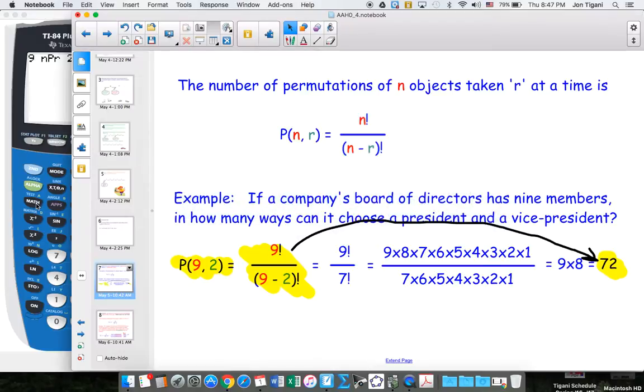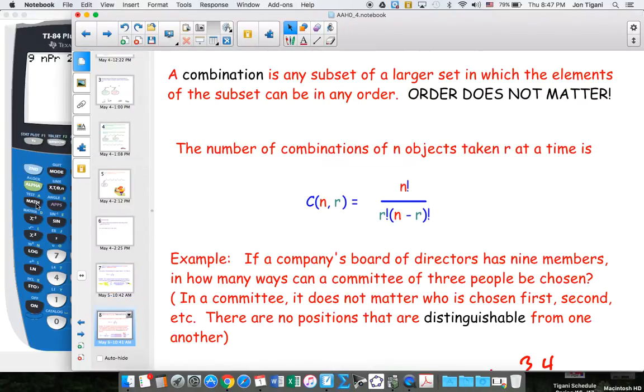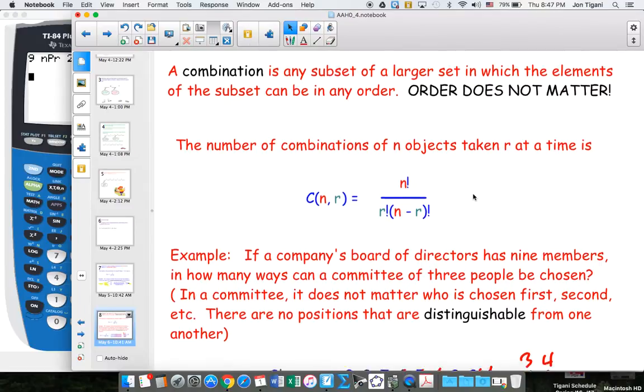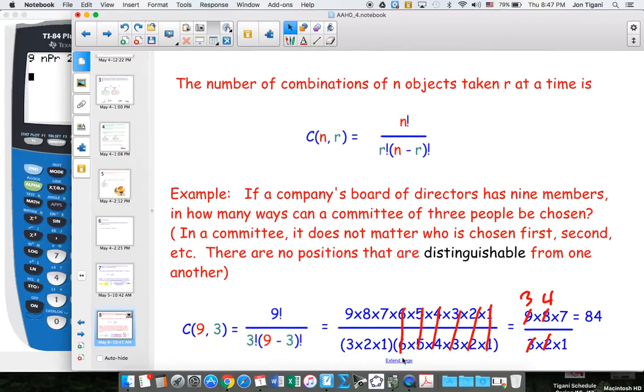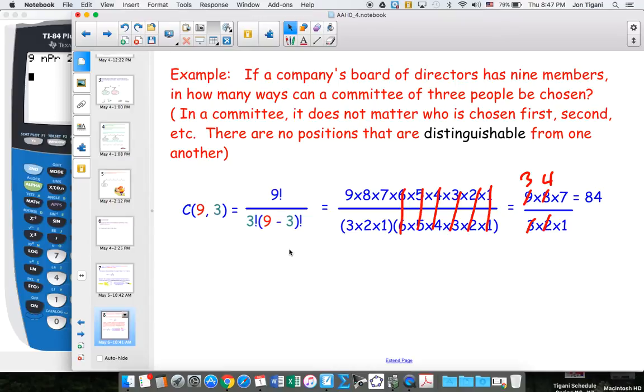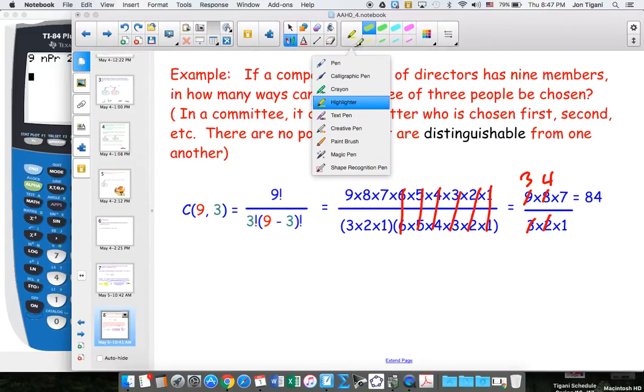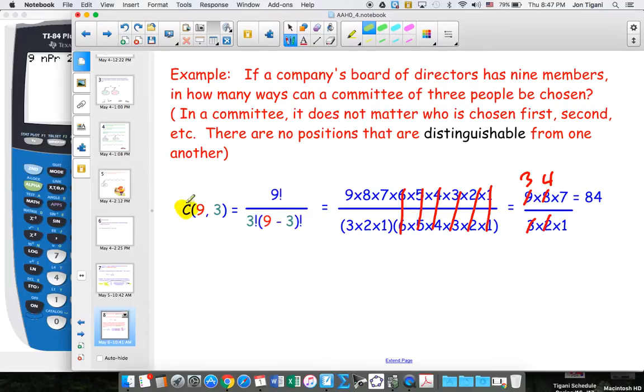What I want to do is just go through all of the examples that we talked about briefly and show you the difference. This was the combination one where we had the same 9 members and we wanted a committee of 3. So we had 9 choosing 3. This is what we would like for you to do on your quiz or test. You write it out like so, 9 choosing 3 with a combination.